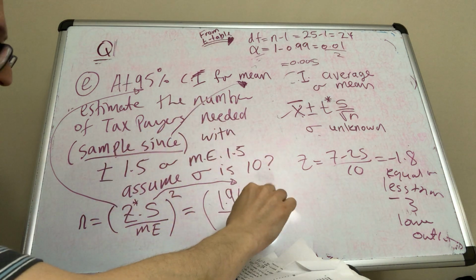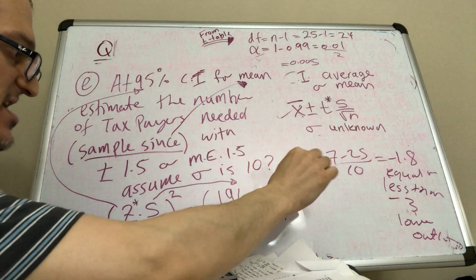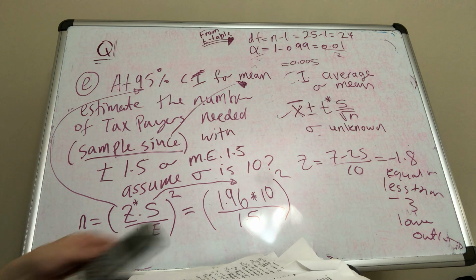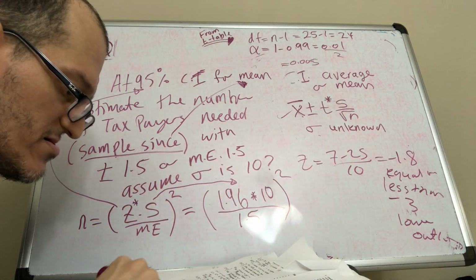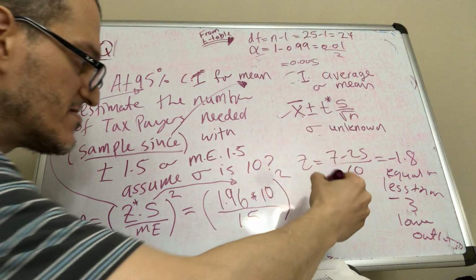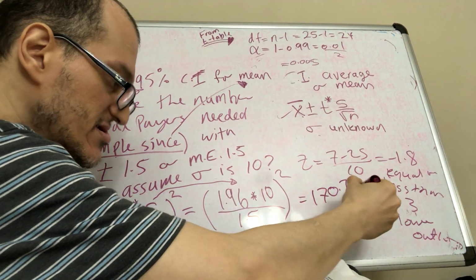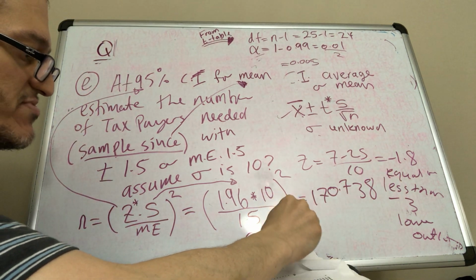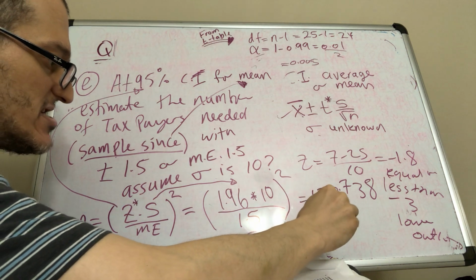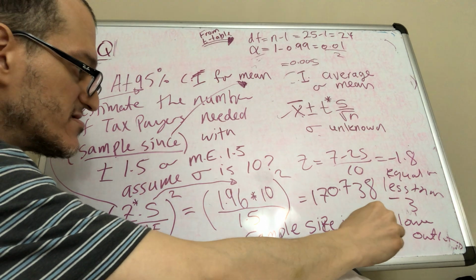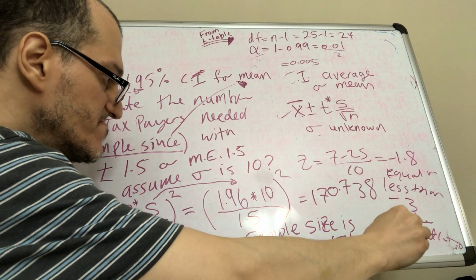I gave it to you in 2 different ways, so 1.5, and you square. So this would be 170.738. Doesn't matter what number it is, you always round up. Sample size is 171 taxpayers.